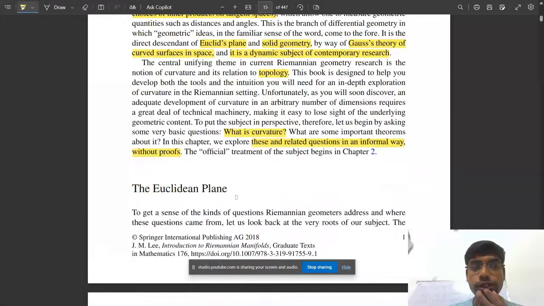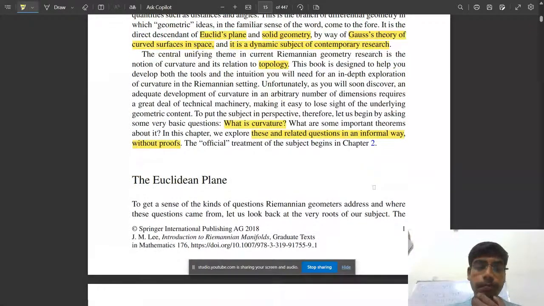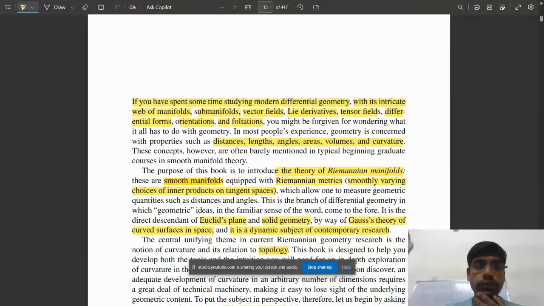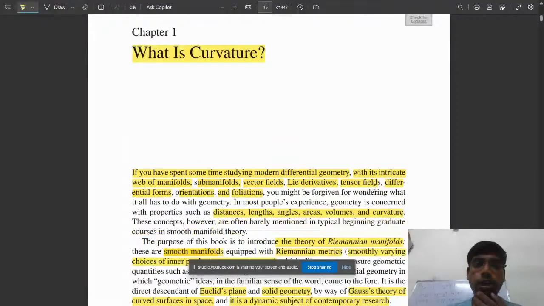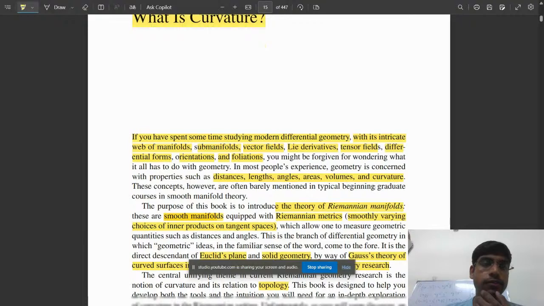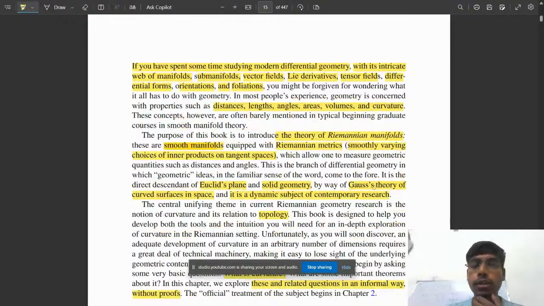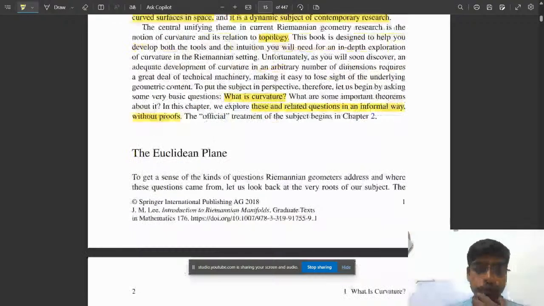The official treatment of this subject begins in chapter 2. Okay, so this is a brief introduction to curvature, and we can say this is the basic motivation for studying Riemannian geometry. Okay, so now let's start with the Euclidean plane.